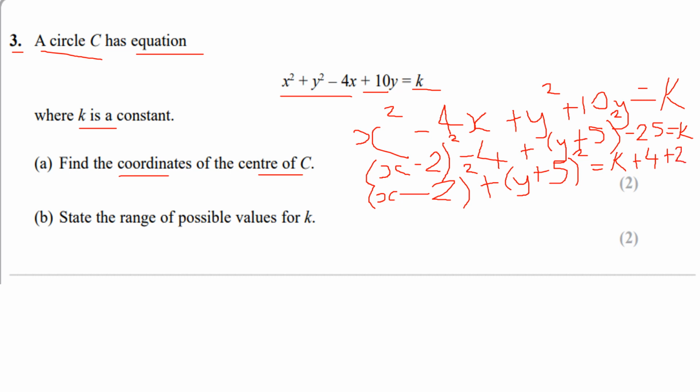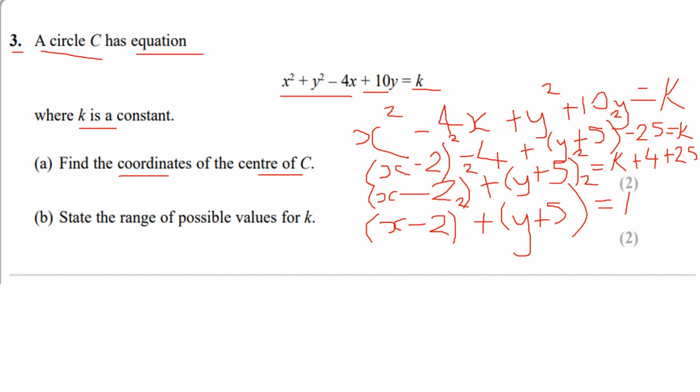So the right-hand side just simplifies to k plus 29. Okay. So x minus 2 all squared plus y plus 5 all squared is equal to k plus 29.